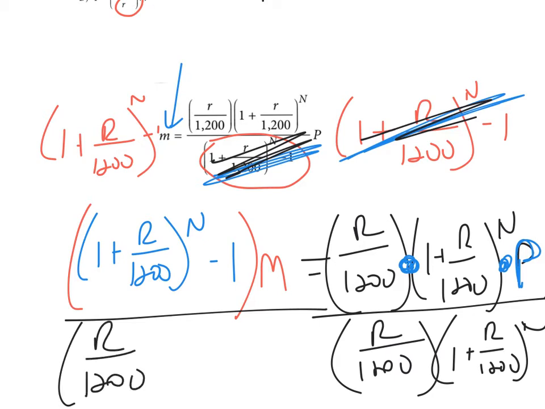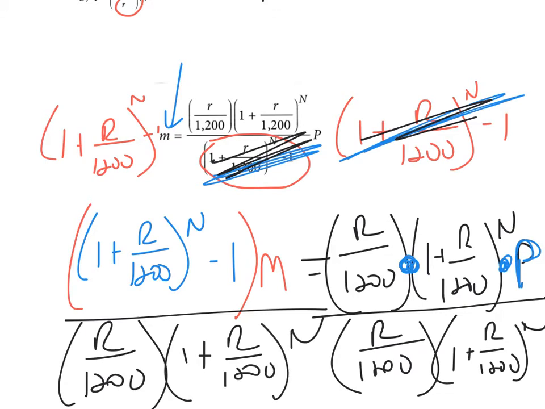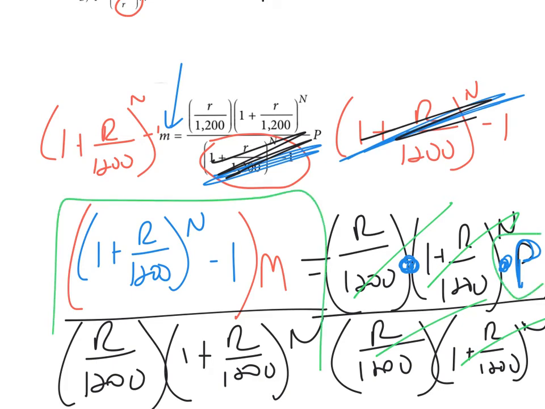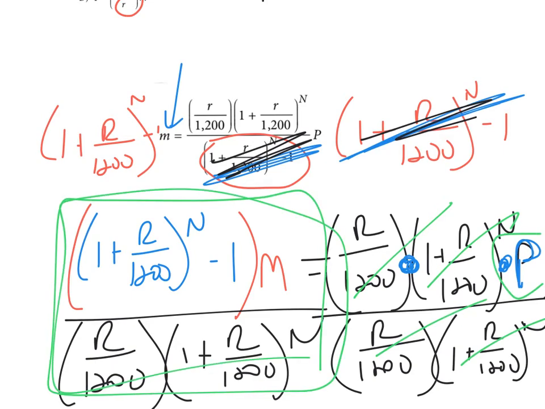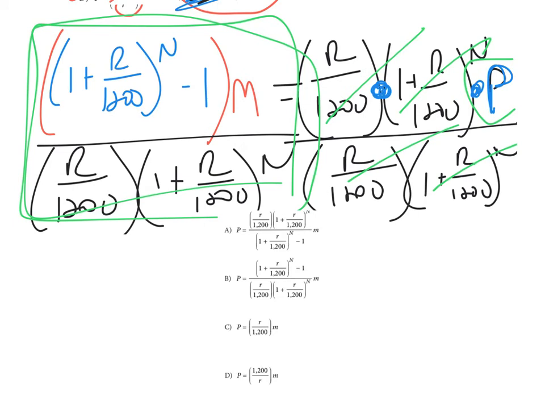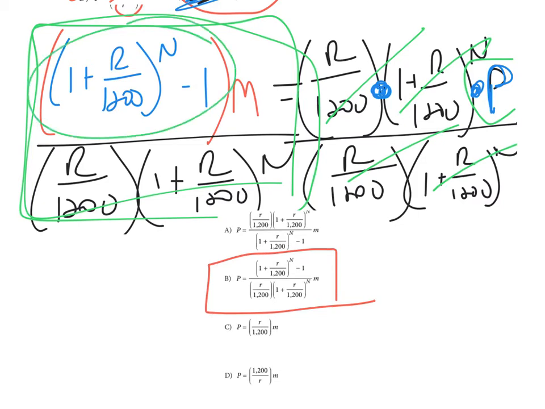And now I have to see which answer choice matches this big mess that I have going on. All of this is going to cancel, and now the letter P is by itself. So this is what the answer is. And here our answer is going to be answer choice B, because I have the 1 plus r over 1200 to the n power, take away 1, so that's all of this.